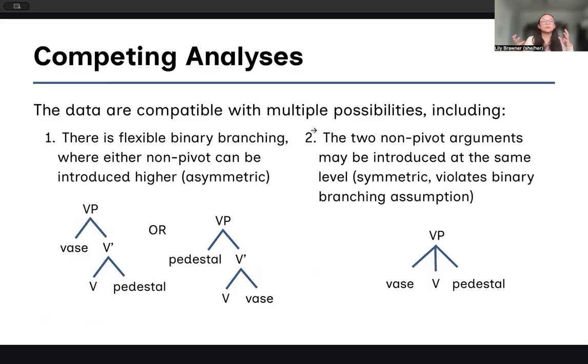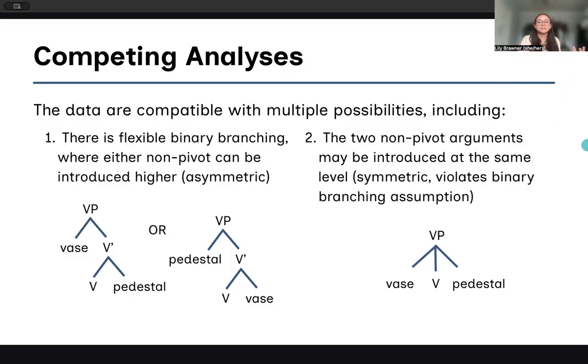So the data doesn't really force a single analysis. One possibility is flexible binary branching. Under this view, the structure is still built in these binary components, but either non-pivot can be introduced higher depending on the sentence. This preserves the nature of binary branching, which is seen as fundamental in current minimalist syntax. But it begs the question of why this voice system is so complicated.